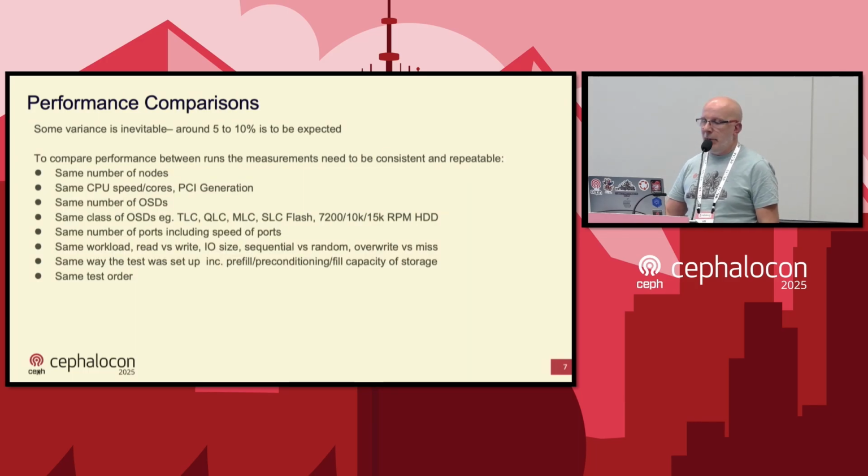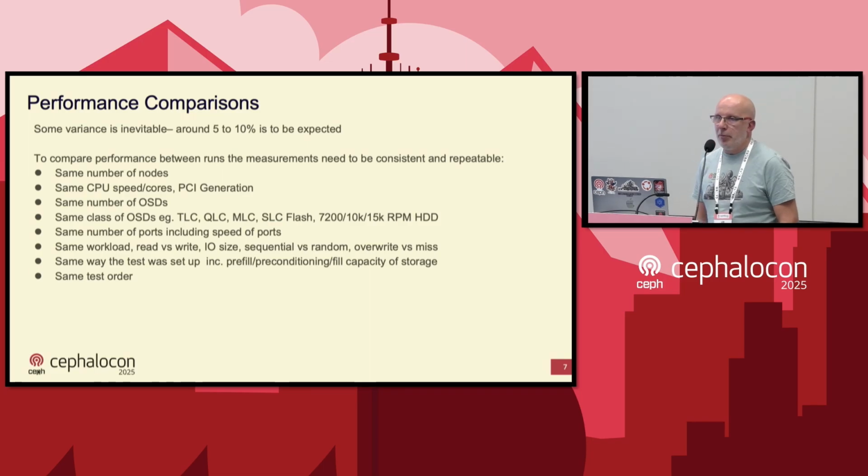Some variance is going to be inevitable. Around 5 to 10% is to be expected. I'm not going to go through all of these bullet points, but all of them can affect how you compare data from one run to the next, such as number of nodes, CPU speed, even the flash type can make a difference.